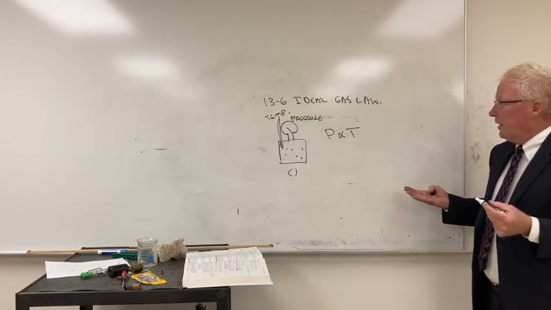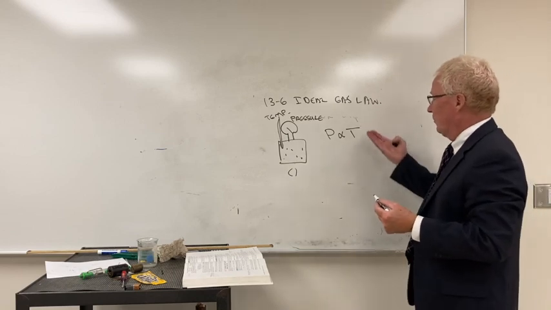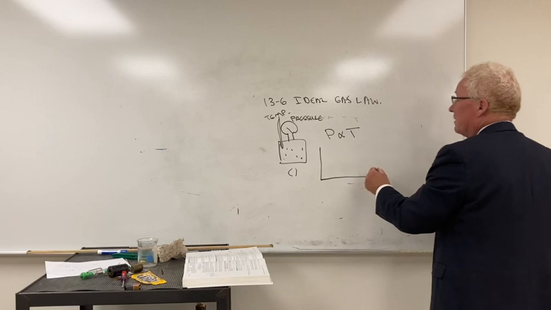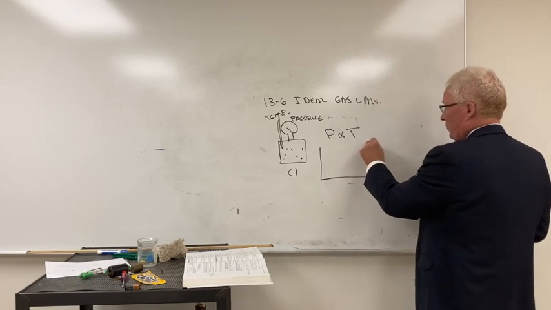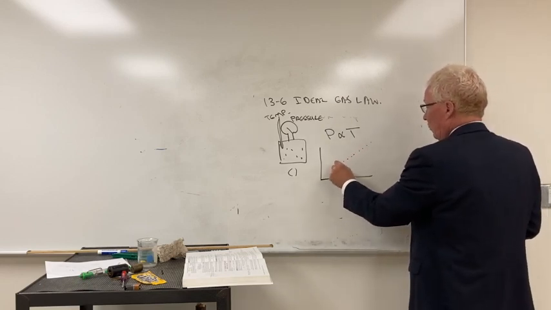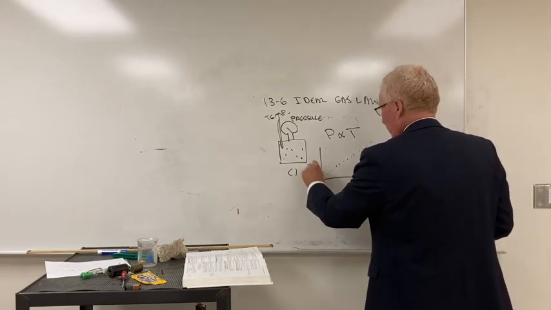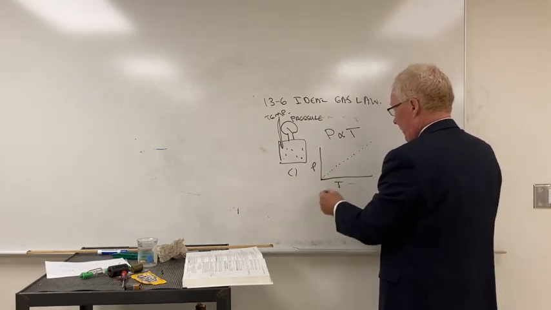So that's what led to the ideal gas law. Because what he realized is you drop the pressure lower and lower and lower. When the pressure became zero, the temperature would become zero.